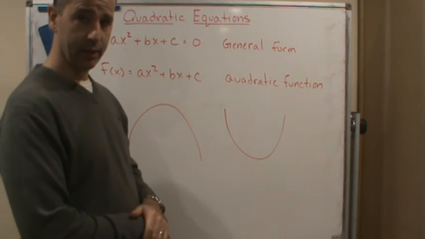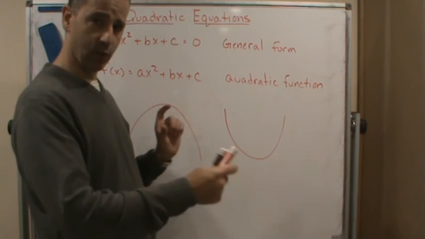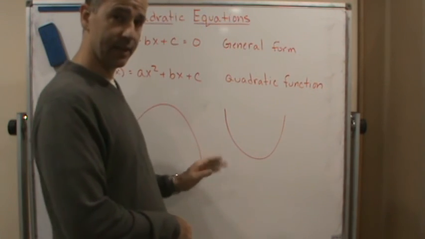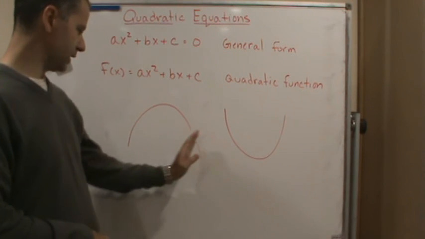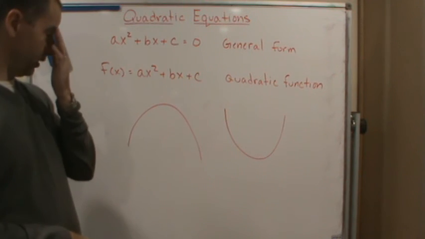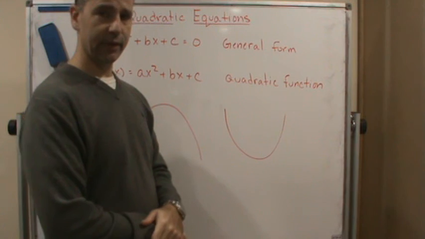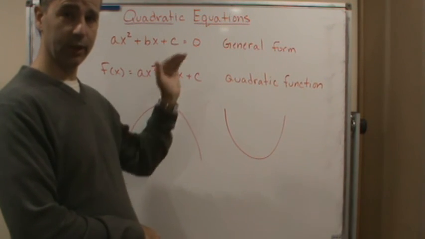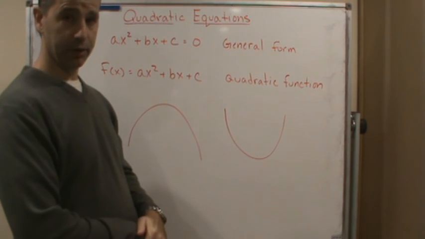Let's say you're trying to find the maximum area of a garden, and you've got the width and the length of the garden, so you're going to have something that looks like this if you're trying to maximize the area of the garden, or if you're trying to minimize cost. Let's say you've got two things that are behaving this way, that would be another application. So anything that has a parabolic shape to it can be represented using a quadratic function.